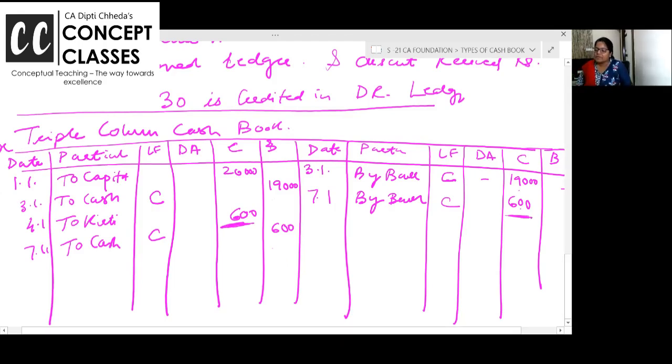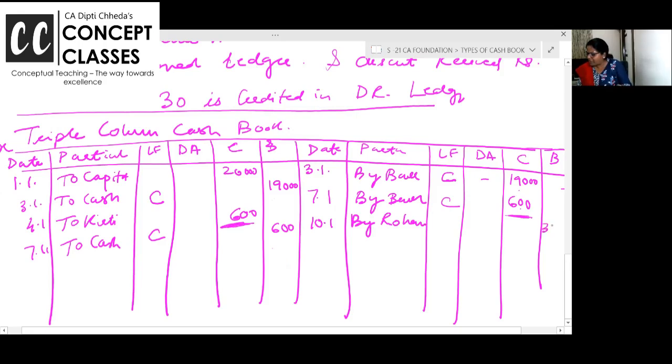Next, 10th. He pays to Ratan and Co by check and is allowed a discount of 20. So on 10th, we have made payment by check to Rohan.